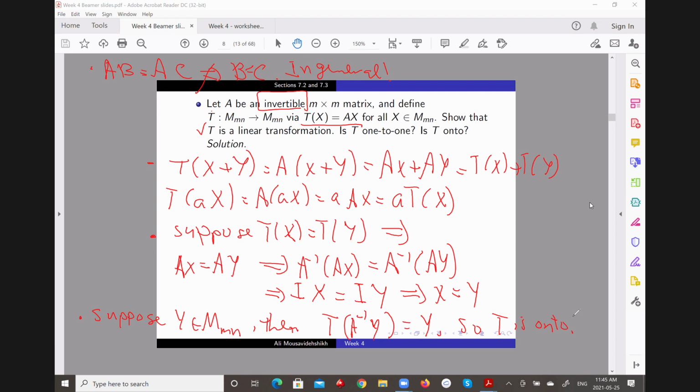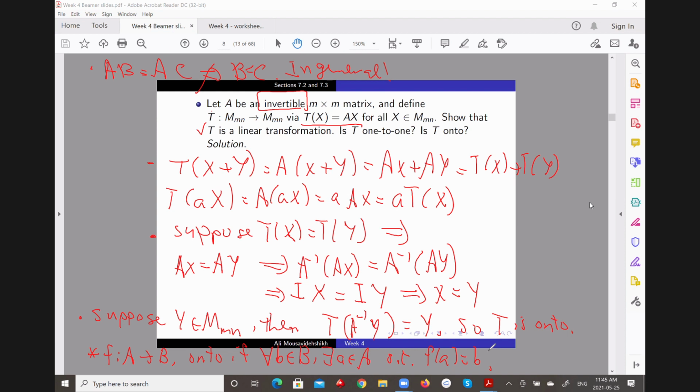Could you go over onto again? I'm still a bit unsure on how you managed to get to the conclusion. Okay, so this is for Math 102. If we have F going from A to B, this is called onto if for all B in B, there exists A in A such that F of A equals B. In other words, for any output you pick, there is an input going to that output.